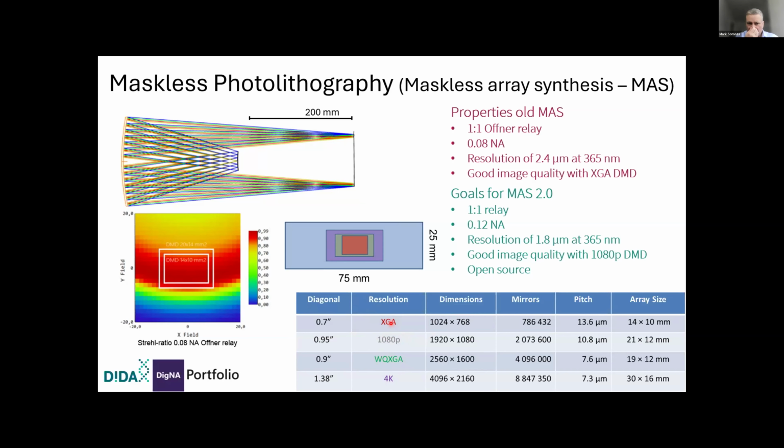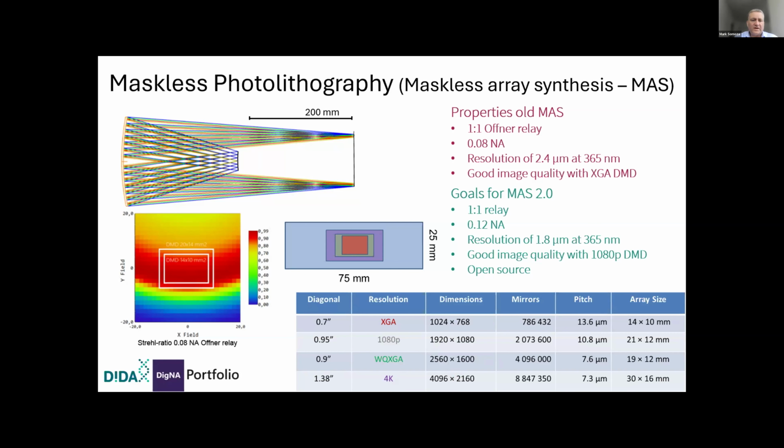Then they switched to the XGA, and towards the end they switched to 1080p. But we wanted the option to go to even higher mirror densities. These are not commercially available yet, at least not for our purpose. But in principle, one could use a 4K array, which has 8 million micromirrors, and then do really massive scale synthesis, which would be very useful for digital storage in DNA.